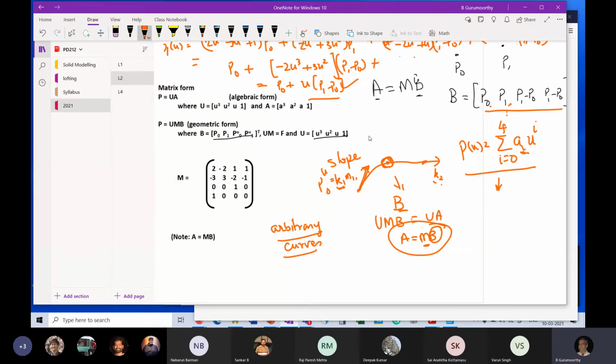The only way you can solve for is by saying, so let's put this point as P star, right? So you are going to say that P star is equal to a0 plus a1u plus a2u square plus a3u cubed.